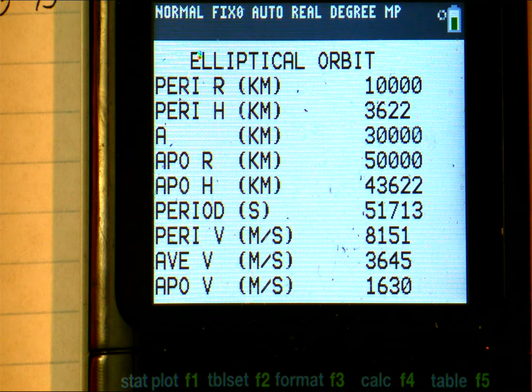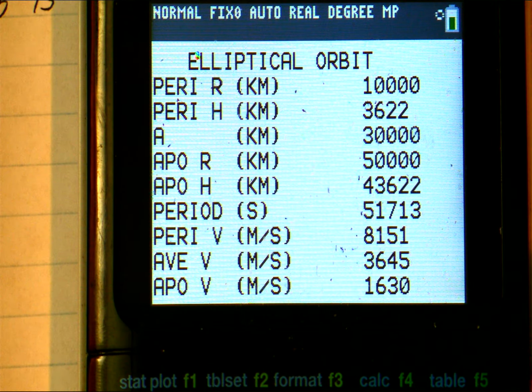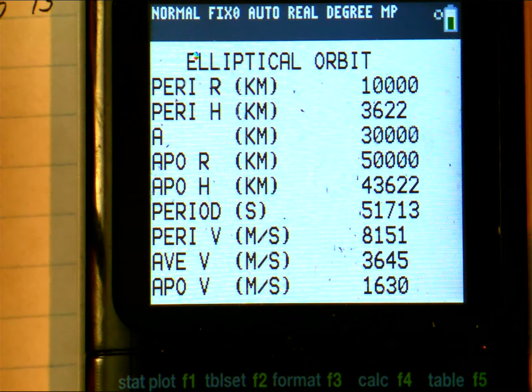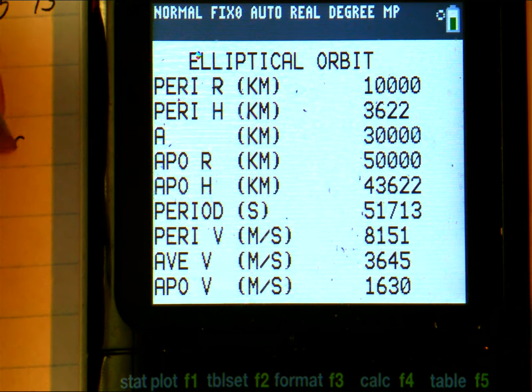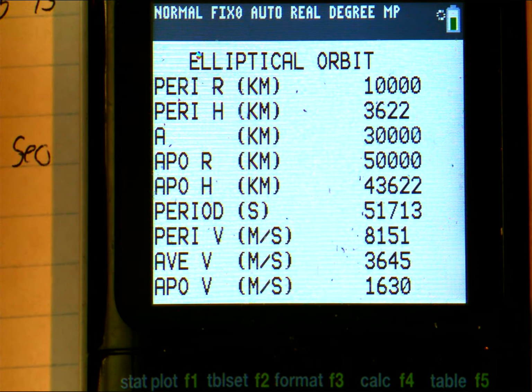Oh, I see. The period is not matching, is it? Interesting. It says the period is 51,713 seconds, and my average speed is 3,645 meters per second.